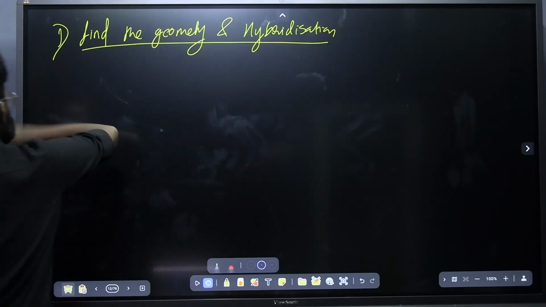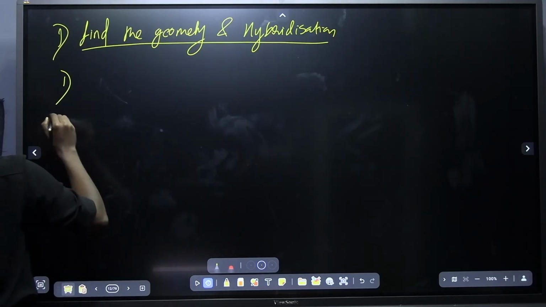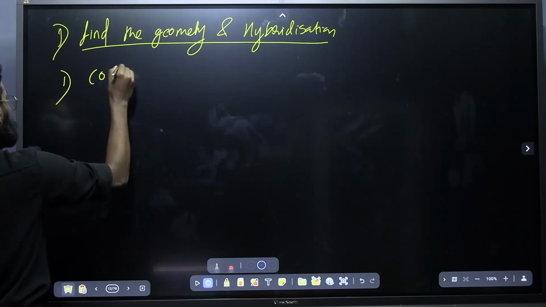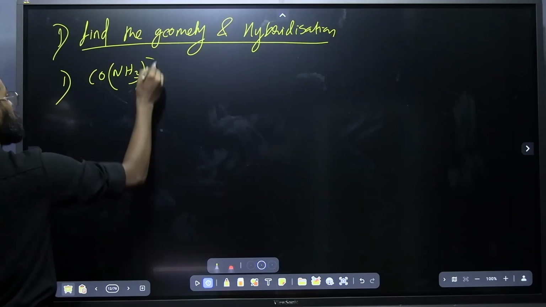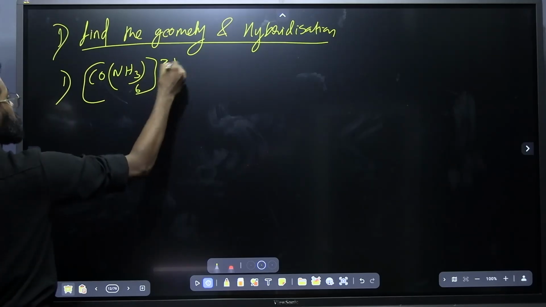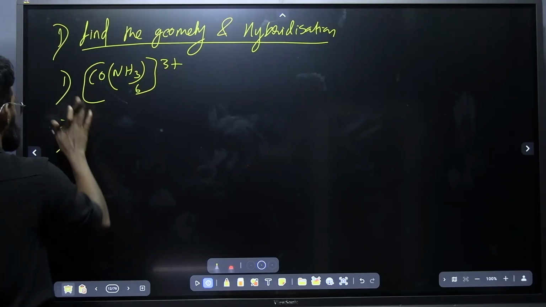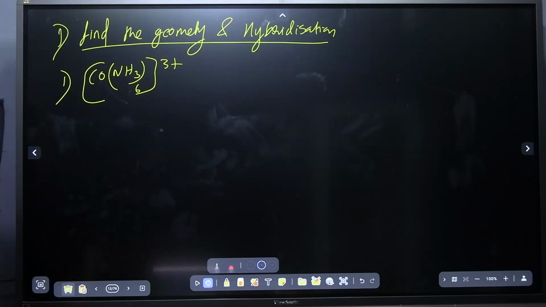First one, [Co(NH3)6]3+. Okay, first of all, find out for this one.